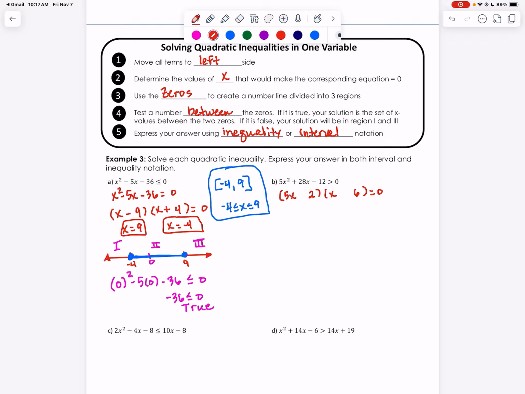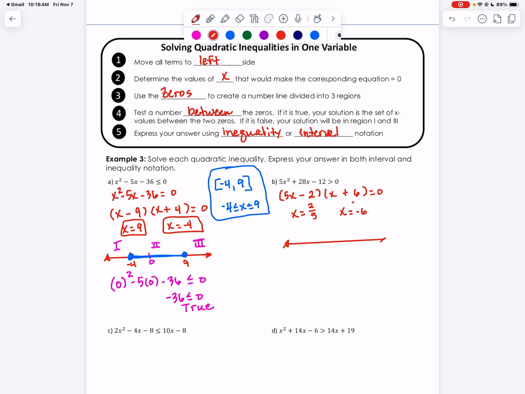Now, I want a positive 28 in the middle. That means that needs to be positive and that needs to be negative. So now I know my solutions are positive 2 over 5, and negative 6. So those are my zeros of my function. So I'm going to make my number line again.